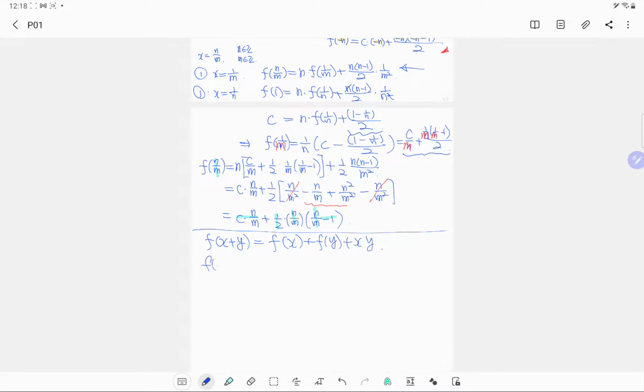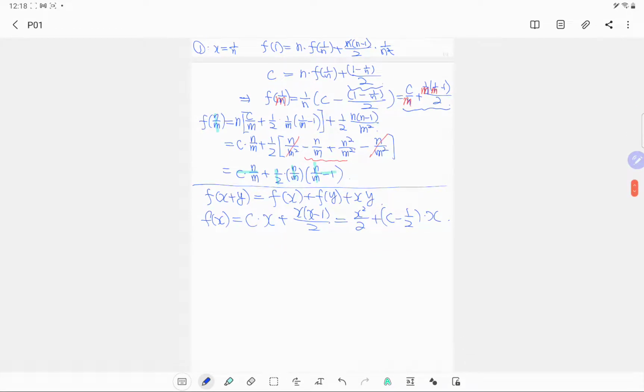And we have f of x equals c times x plus x times (x minus 1) all over 2, not n, here it should be x, or you can slightly rearrange the term like x squared over 2 plus (c minus 1/2) multiplied by x. So in this case, we can just plug in for the left hand side of the original equation.